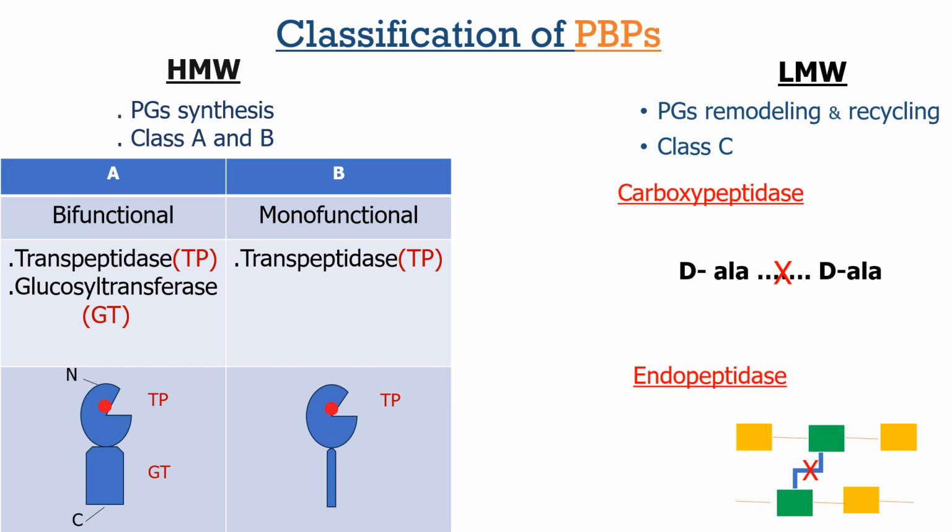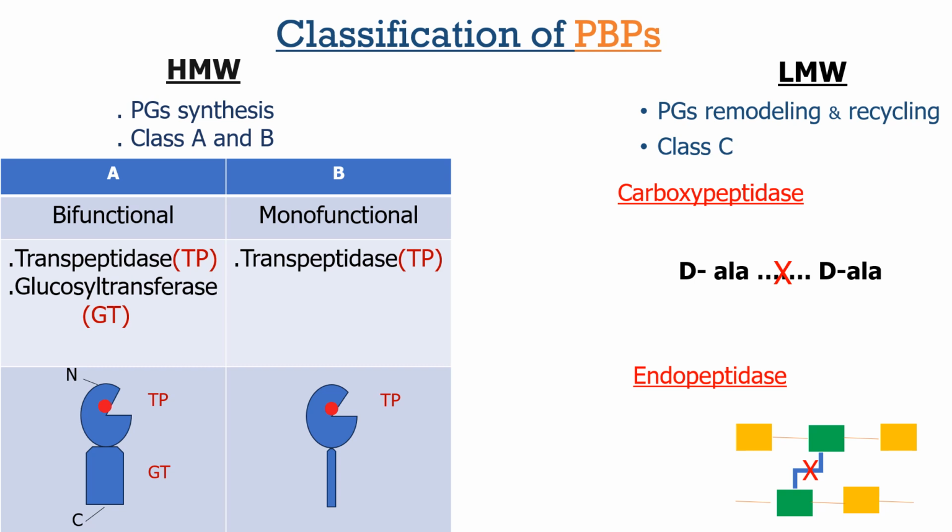Down to the left is a 2D diagram. It's showing that class A is composed of two parts or two domains, the transpeptidase upper domain and the glucosyl transferase lower domain. You can imagine the transpeptidase domain as a stapler, because a stapler can connect two papers together, and the transpeptidase domain can connect two polypeptides together by a cross-link.